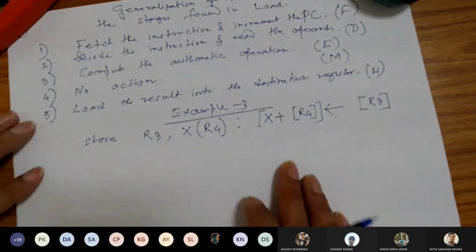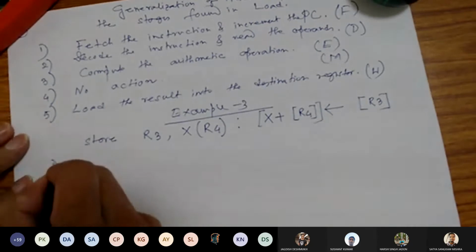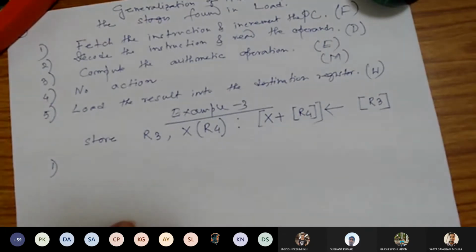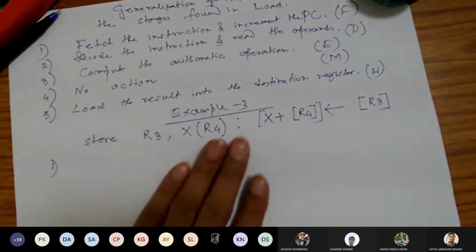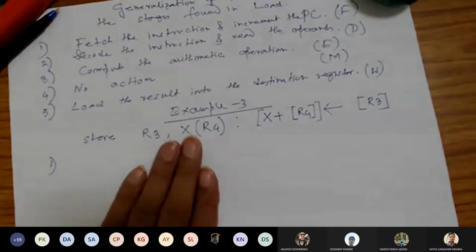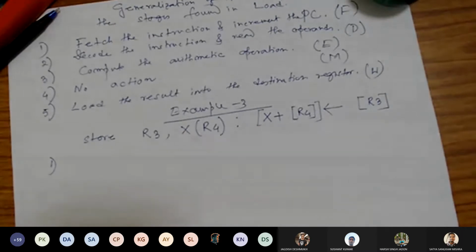Now, do you think that all 5 stages are required here? And if not required, which stage is not required? I want to get your opinion. Just logically think about the steps required to complete this instruction.